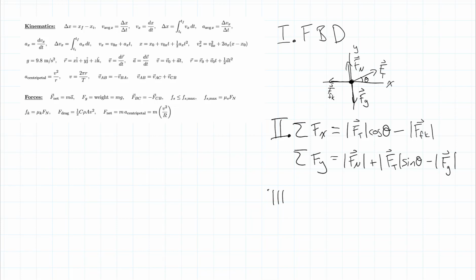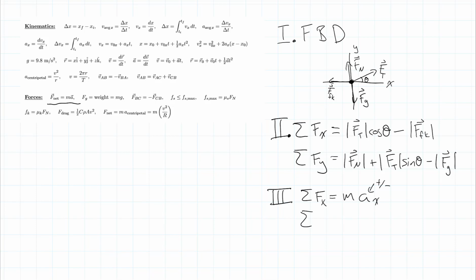Step 3 then is to include the motion. So this is where you use Newton's second law over here, F net equals ma. So you have the sum of the forces in the X direction is equal to the mass times the acceleration in the X direction. And you want to be careful, is this positive or negative?